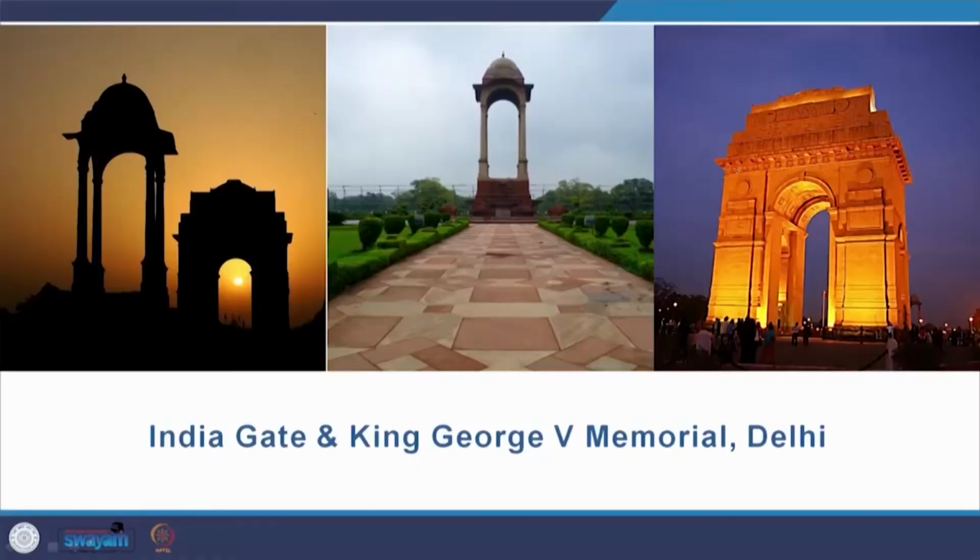Now this is very beautiful. It highlights how beautiful this axis is, where we have the King George V Memorial and India Gate. Of course the emperor statue is no more there, only the chhatri remains, and this chhatri makes this beautiful axis all the way to the Rashtrapati Bhavan.